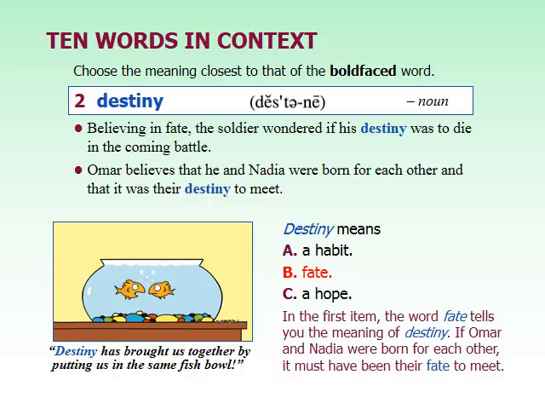Was it always going to be that he would die in this battle? In the second one, he's saying that Omar believes that Nadia was always supposed to be his wife or his girlfriend or whatever. But destiny has this meaning of something that was always true and is unavoidable and is going to happen to you no matter what you do.